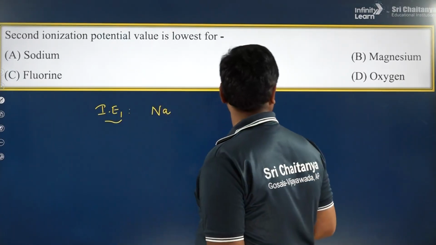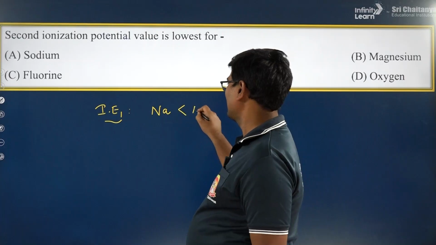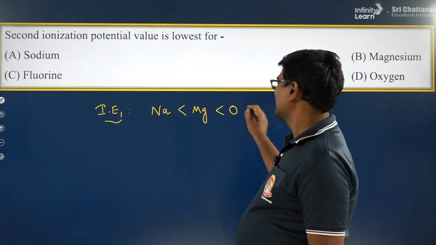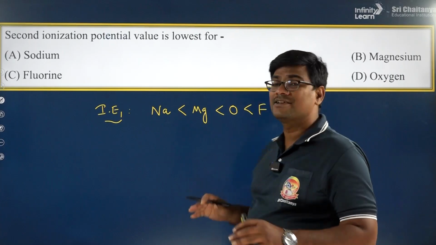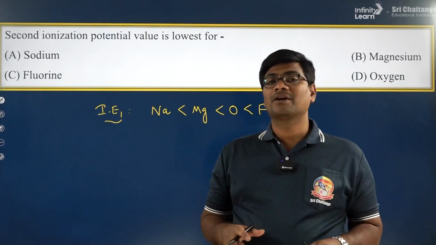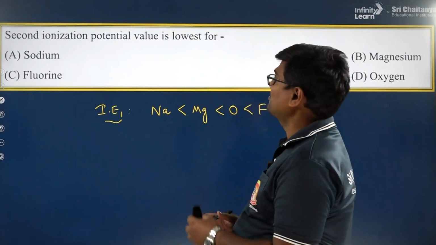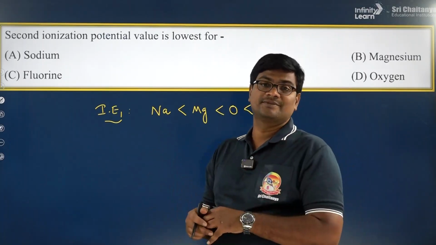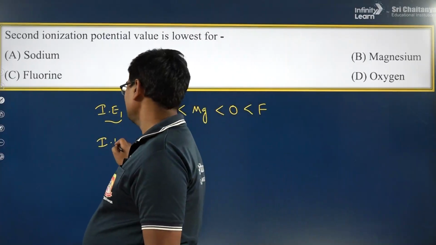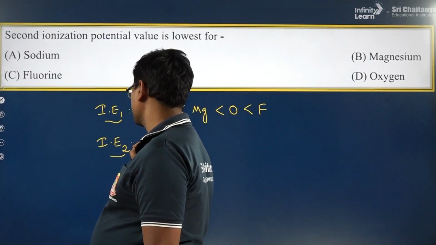Sodium, being an alkali metal, then can we expect magnesium? Yes. After that we will have oxygen, after that fluorine. This is ionization energy 1, that we can easily do. But they are asking the second ionization potential value, the lowest one. Can you guess what is the second ionization energy trend here? Let's guess the second ionization energy trend.